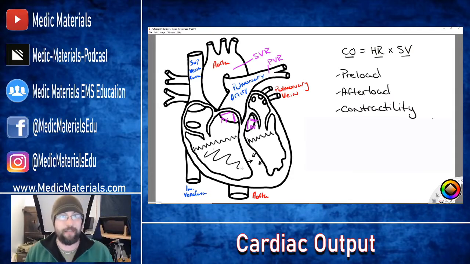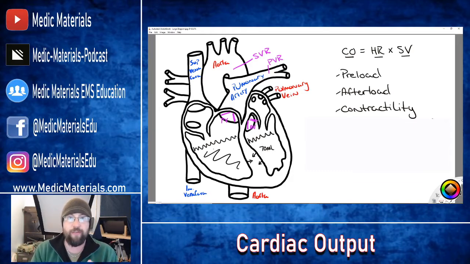Makes sense? I hope it does. Typically we are going to see about 70 milliliters of blood within each ventricle that's ready to get ejected from the heart. This 70 milliliters of blood volume has pressure pushed against the sides of the ventricles. That is going to be your preload.